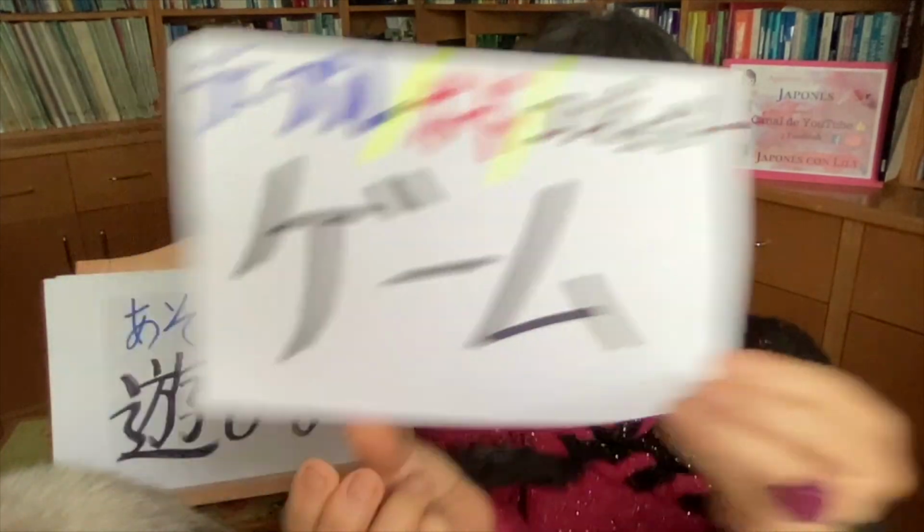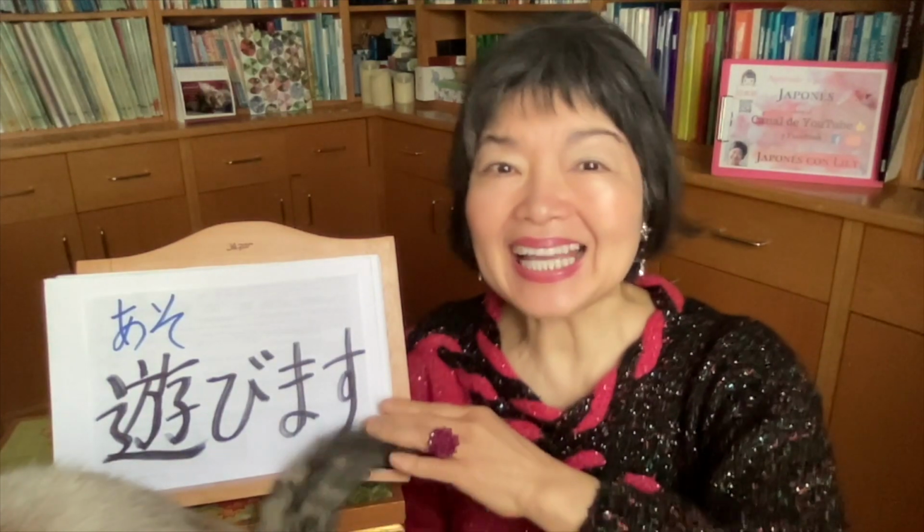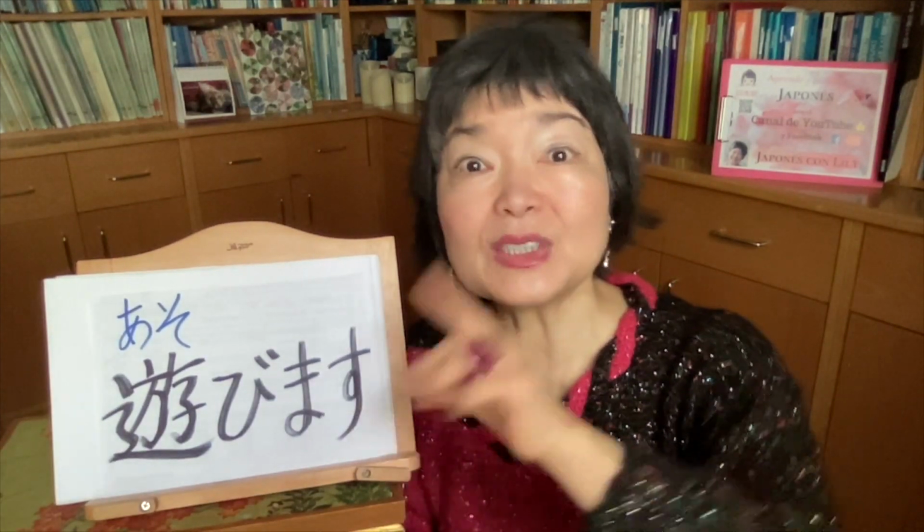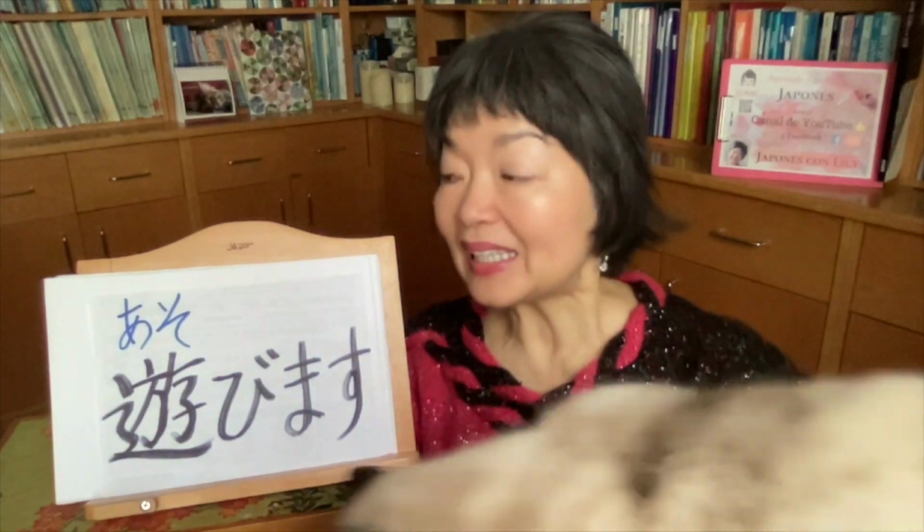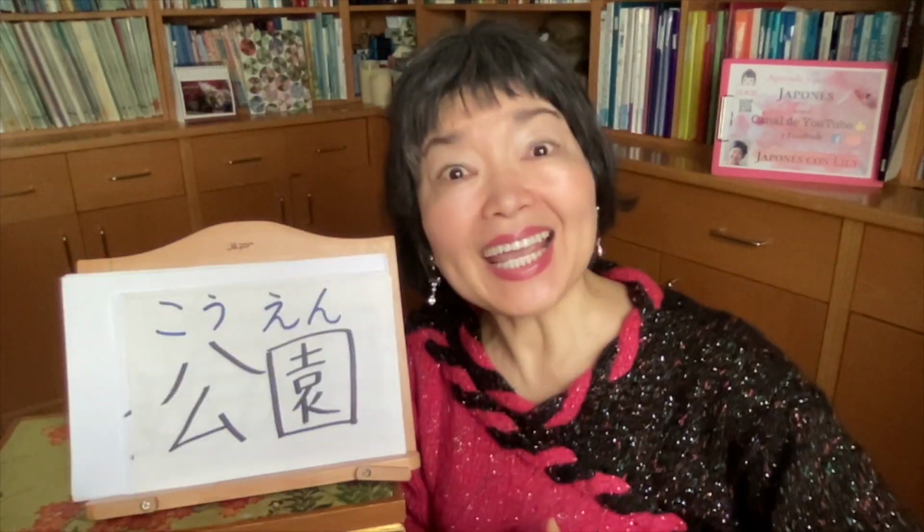The verb to play is 遊びます. This is group 1. So the te form is 遊んで. This changes to んで. 新しいゲームで遊んでもいいですか?